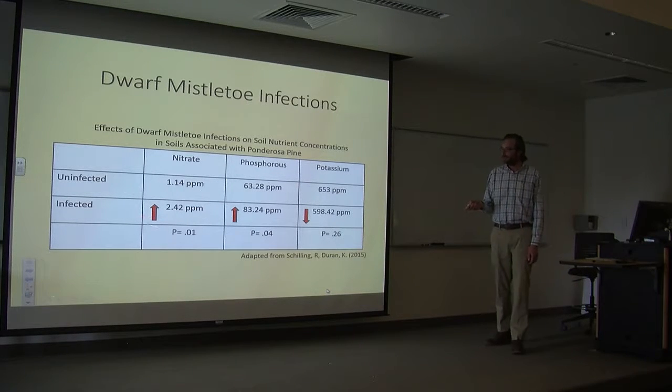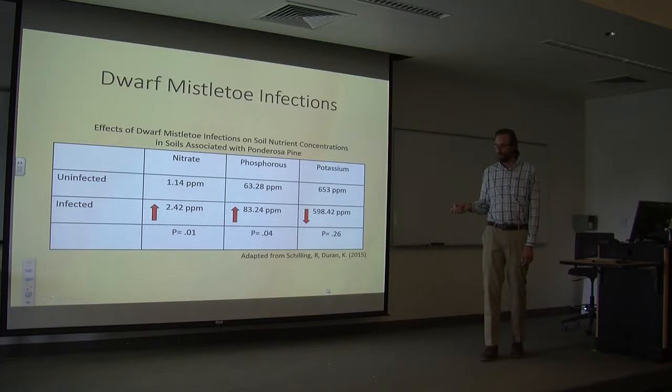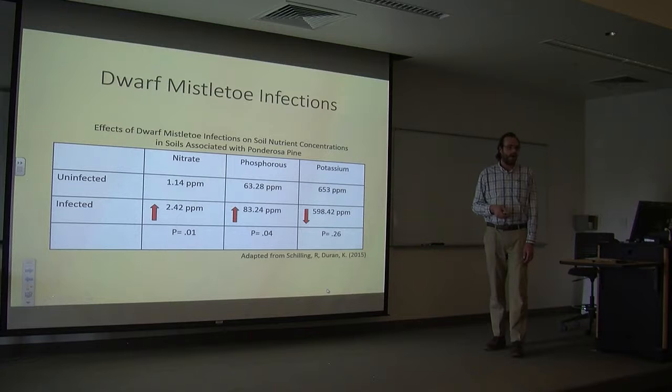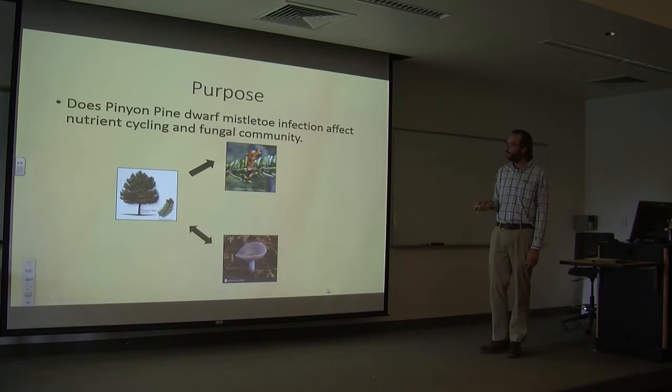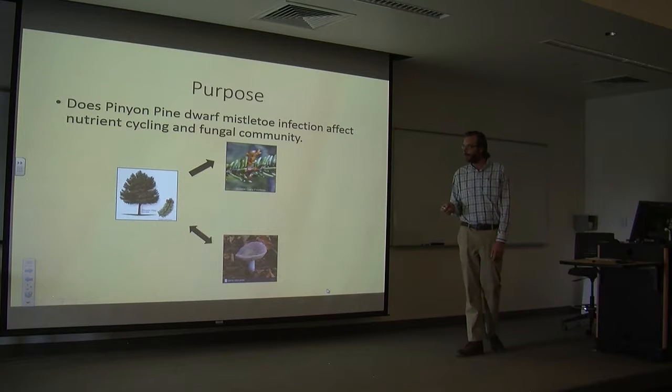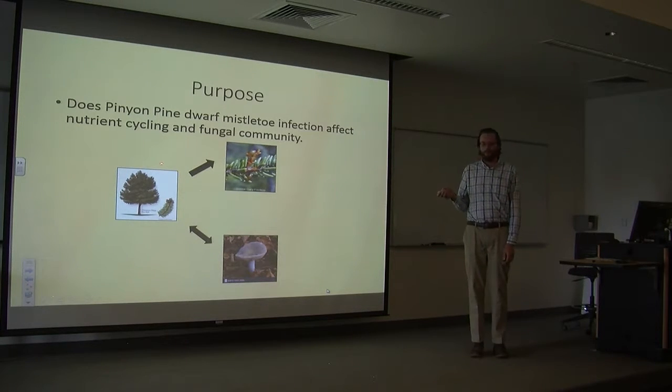So because of these effects, and the fungus being responsible for moving these nutrients, we should see, like I said, a change in their community structure. The purpose of our experiment is to find those changes, except this time we're going to look at pinion pine.